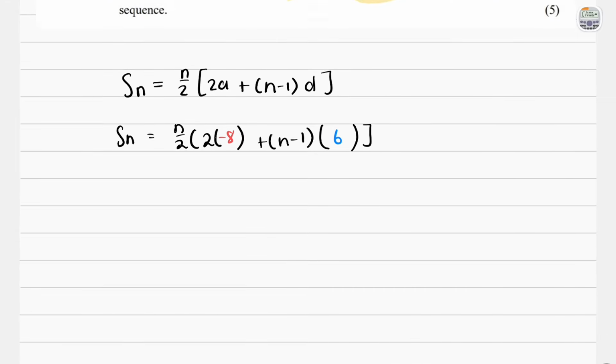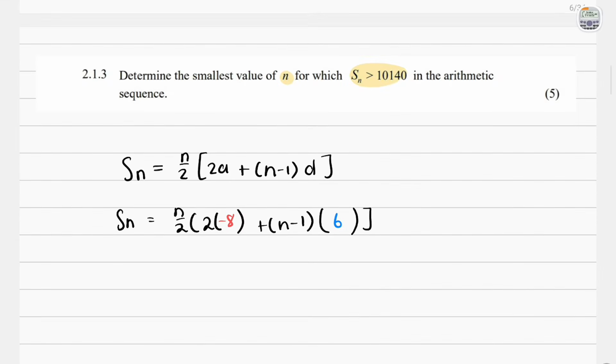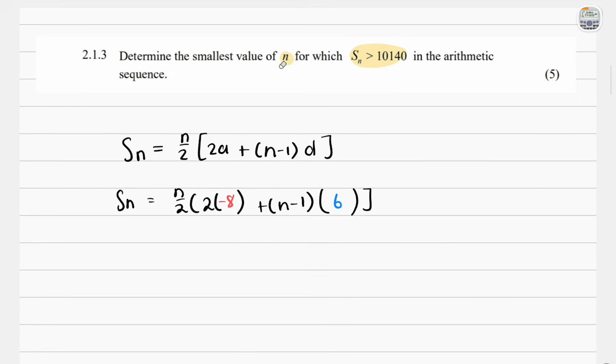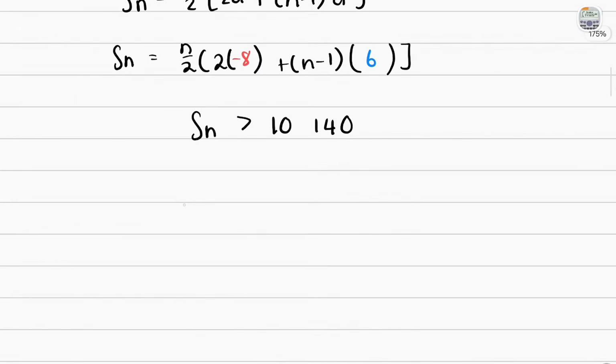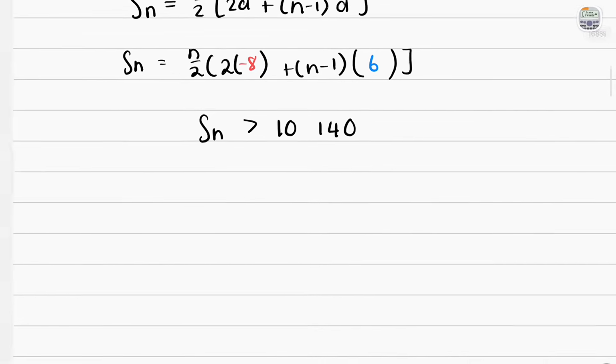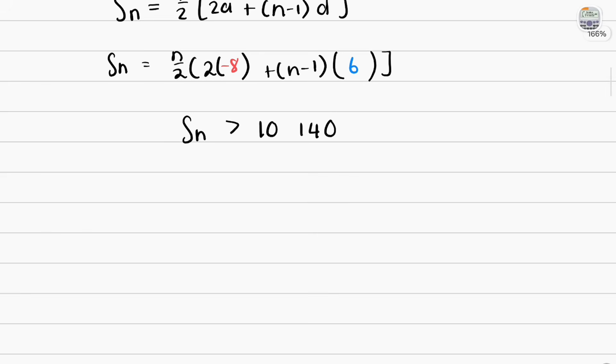Okay, so what we're just trying to find out is what is the smallest value of n for which Sn is greater than 10,140. So we'll just substitute this here and then solve for this inequality. Okay, let's start simplifying. So this is n over 2, and then these multiply to give us negative 16.